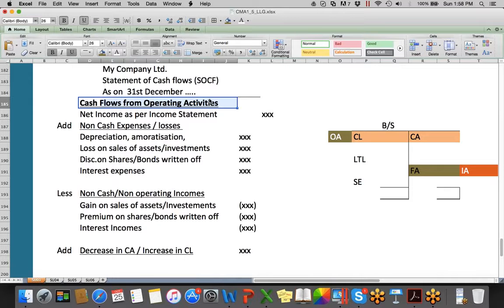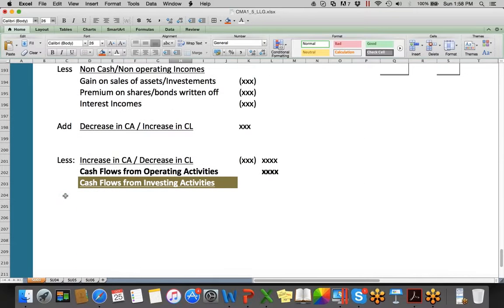Okay, cash flows from investing activities will give you this, alongside cash flows from operating activities. Now let's see, simple.